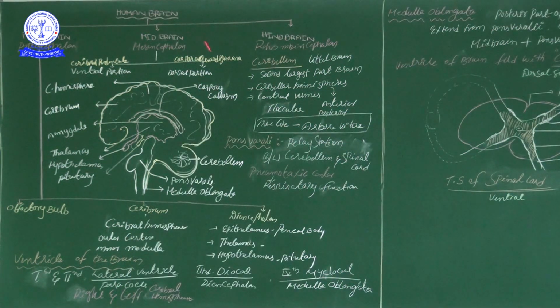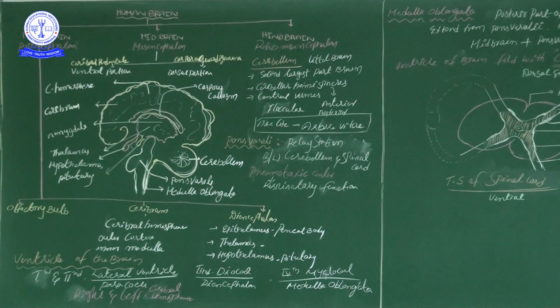See now, the human brain consists of 3 major parts: forebrain, midbrain, and hindbrain. The forebrain is also called prosencephalon, the midbrain mesencephalon, and the hindbrain rhombencephalon, the scientific terminology. Now the forebrain is again divided into 3 parts.